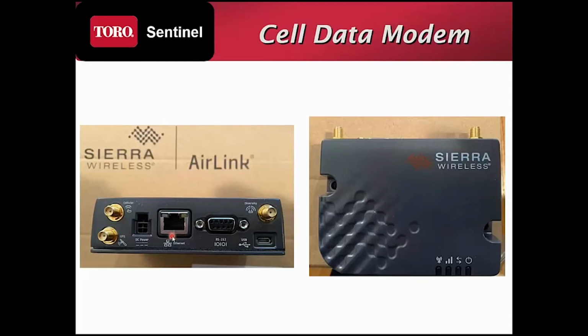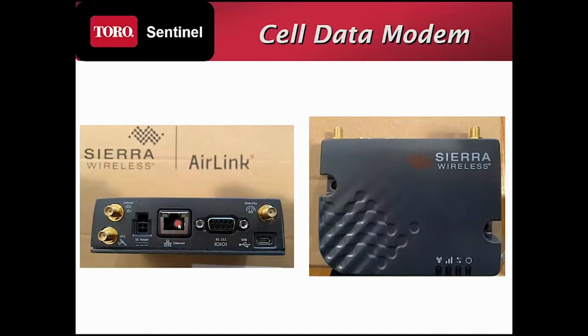You have to use an Ethernet modem in between the cell signal and the controller, unless your cell modem has a serial port on it. It does not have a Cat5 connection, the version 2. Version 3 controllers, you'll see in a moment, have their own built-in Cat5 connection.